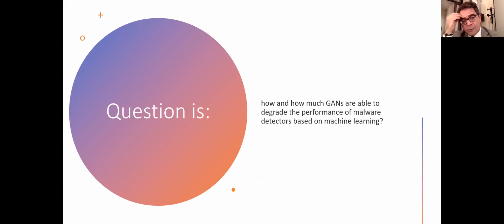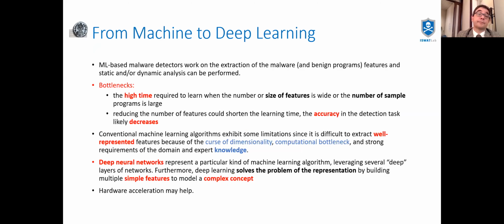So our question now is how and how much GANs are able to degrade the performance of malware detectors based on machine learning. So first of all, we observed a move from machine learning to deep learning. Which are the bottlenecks of machine learning?